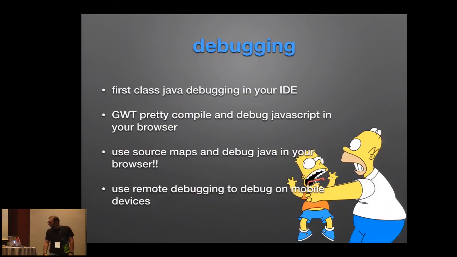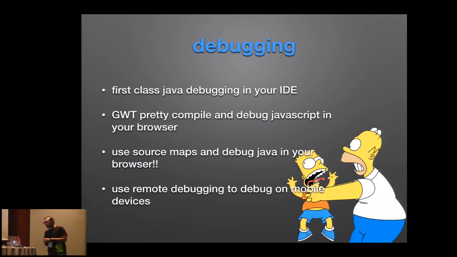Debugging. Okay, I don't need to talk about GWT debugging since you all know the details. But what I can say is when you move to the mobile device, you're kind of limited, because now you're not able to debug via browser plugins and see the problems in Java, what's failing.